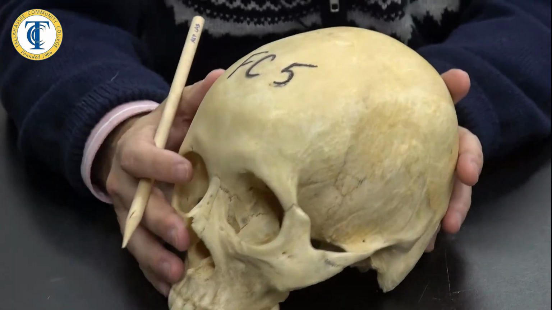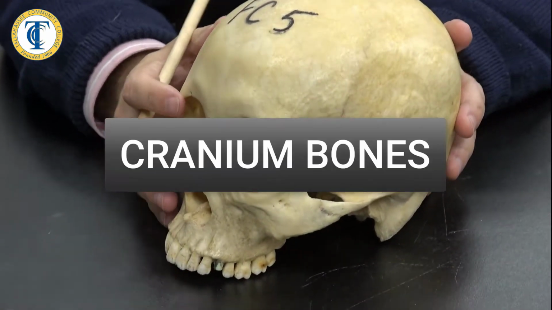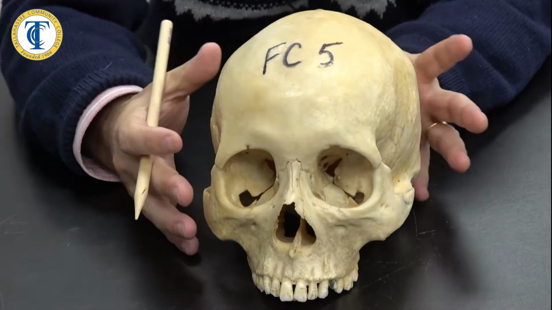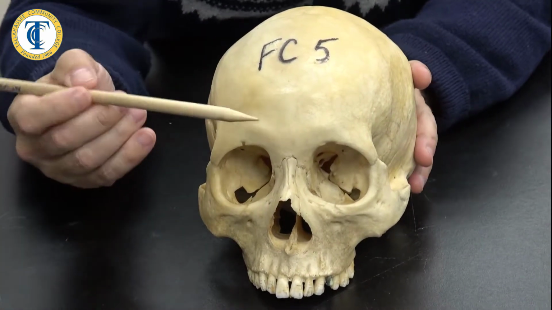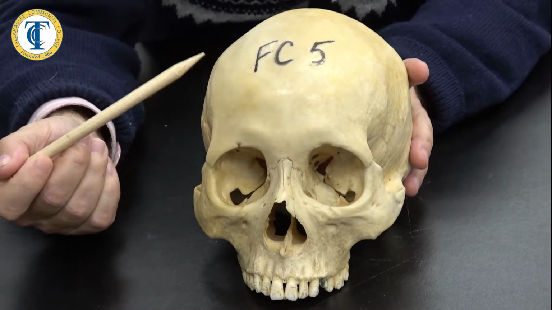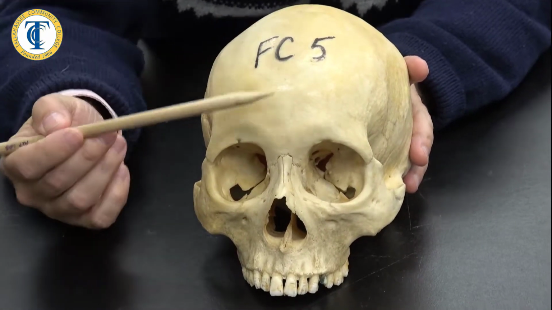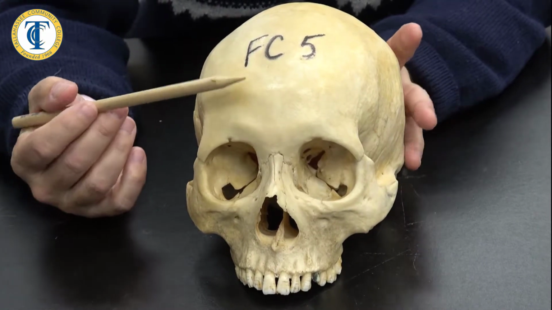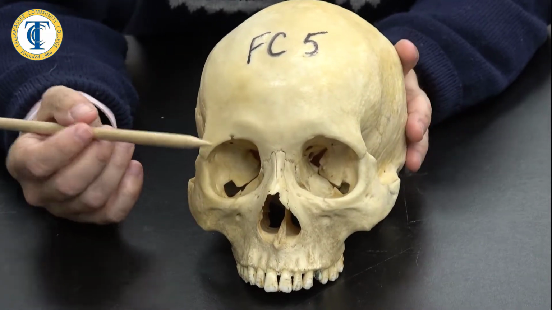So let's go over the bones of the cranium first. They're fairly straightforward and they're the largest ones. The cranial bones are pretty much flat, but slightly curved to give the shape of the cranium that covers the roundness of the brain.